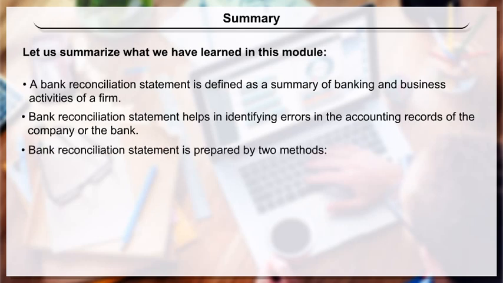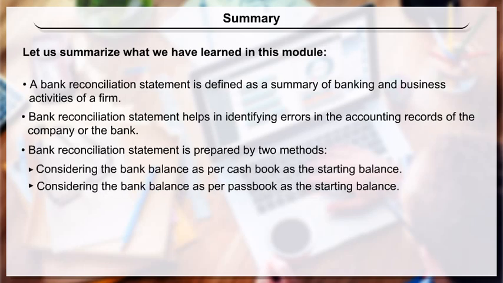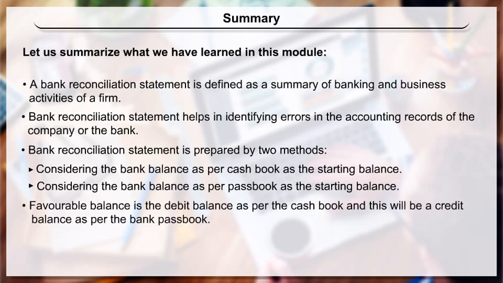Bank reconciliation statement is prepared by two methods: considering the bank balance as per cash book as the starting balance, or considering the bank balance as per passbook as the starting balance. Favorable balance is the debit balance as per the cash book, and this will be a credit balance as per the bank passbook.